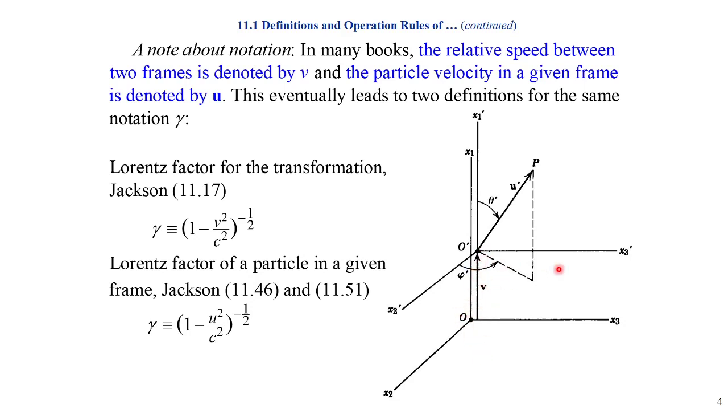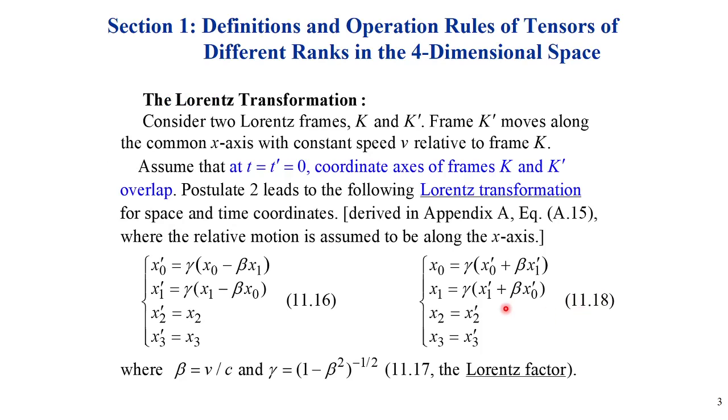That's the relative motion. So we have two expressions. The major difference is here: one is positive v, the other is negative v. Sorry, we have minus beta here.